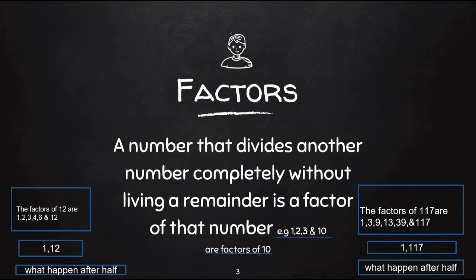When the half of a number is passed, the next number is the number itself, which is the end factor. 1 is the start factor and 12 is the end factor. 1 is the start factor and 117 is the finished factor. Here 1 is the start factor and 10 is the end factor. This is the concept of factor.